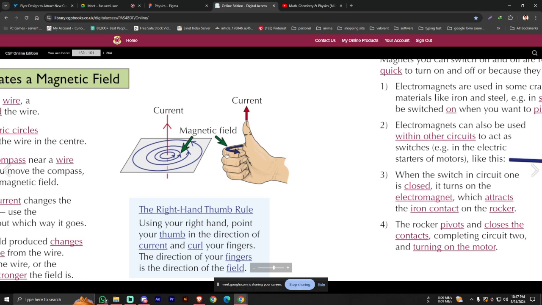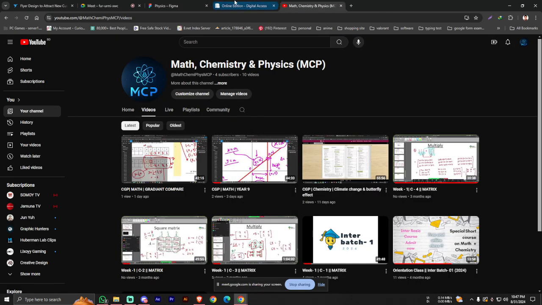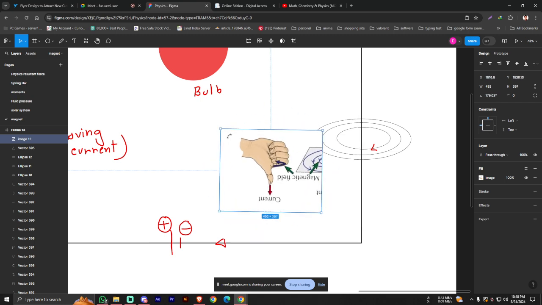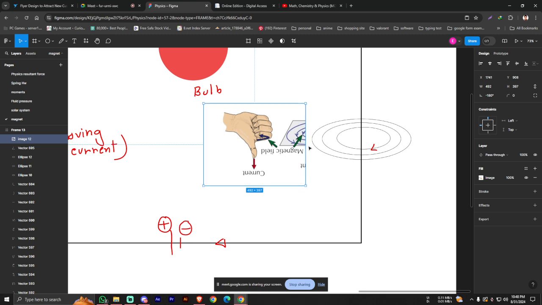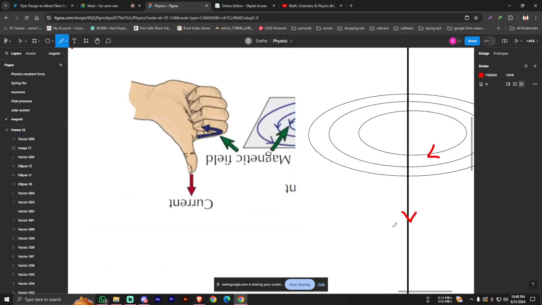So if we compare this, let's say we take this line here, and of course we have to rotate it because the current direction is now downwards, right? The current direction is this way.